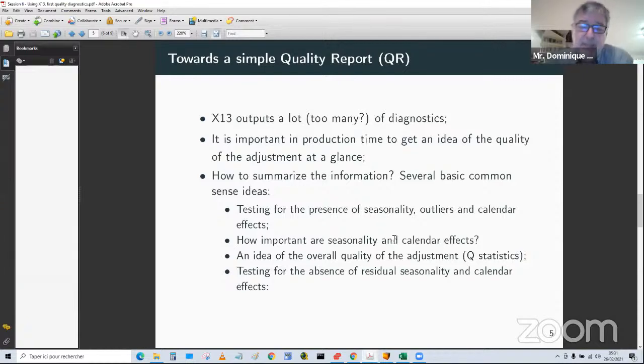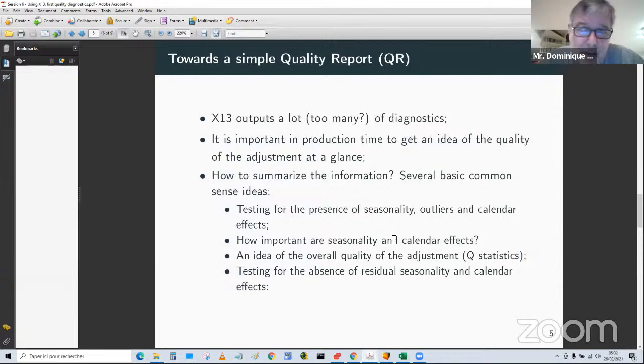The second thing for me is that I must have an idea of the size of these components. If the seasonal component is very small, it's likely that I will have a lot of problems getting a good estimate, and it's for nothing because it's very small.